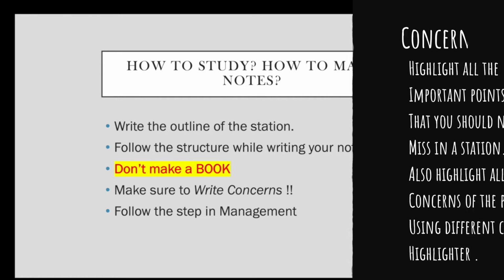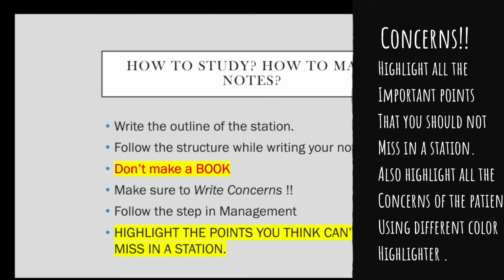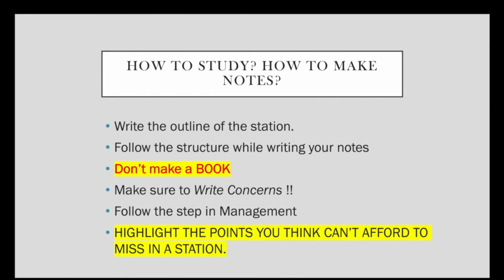Now, if you cannot make notes, if you're short on time, pressed against time, what you can do is highlight the important points that you think you should not miss in a station. For example, in a cancer-based station, of course, you cannot miss the flaws mnemonics.